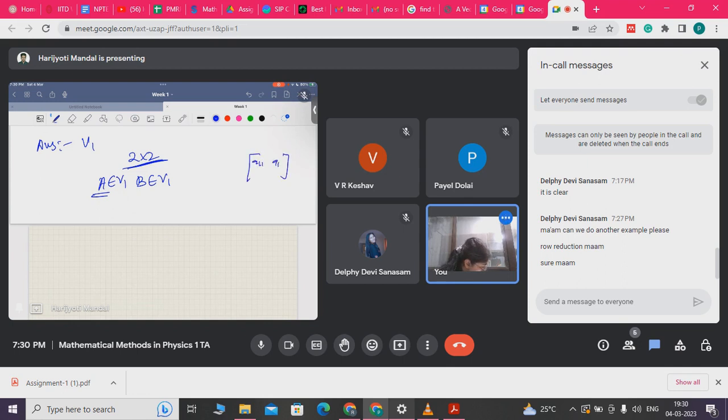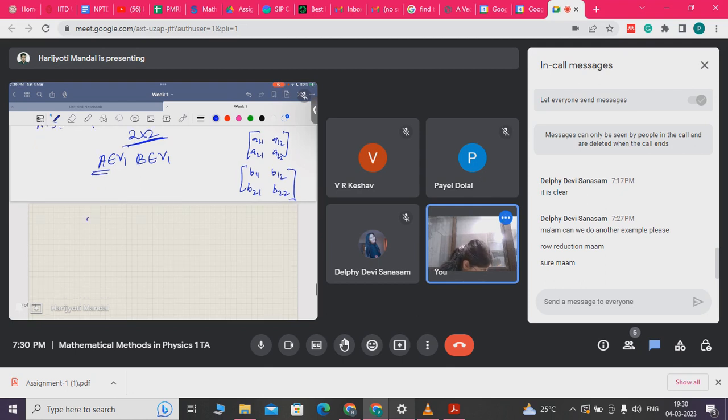All of the entries or components of the 2 by 2 matrix are 4 components: A11, A12, A21, A22. These are all complex. And B is also like that: B11, B12, B21, B22.